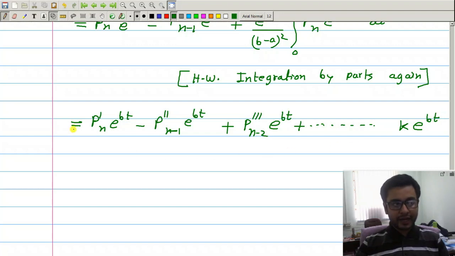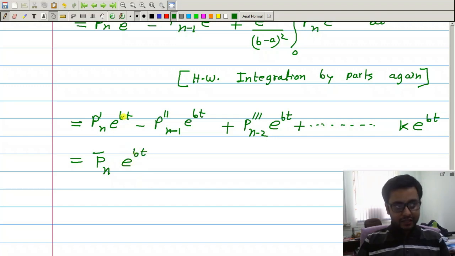Now if you combine all these terms together, you can write it as one polynomial of degree n, call that p bar, multiplied by e to the power bt. E to the power bt is common everywhere. Now if you combine a n degree polynomial, n minus 1 degree polynomial, and so on, the result will be a n degree polynomial. So this is how the solution will look like.